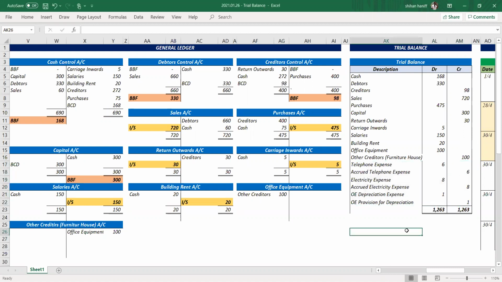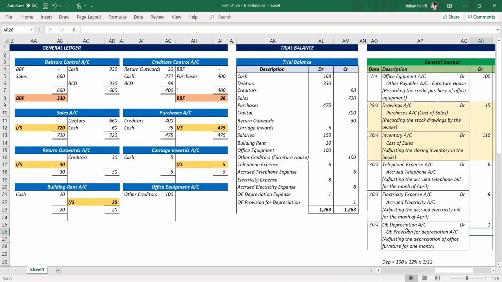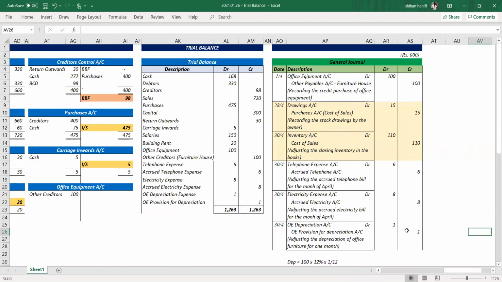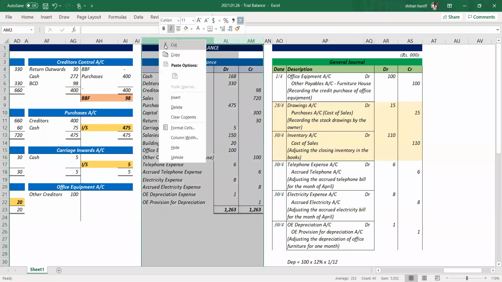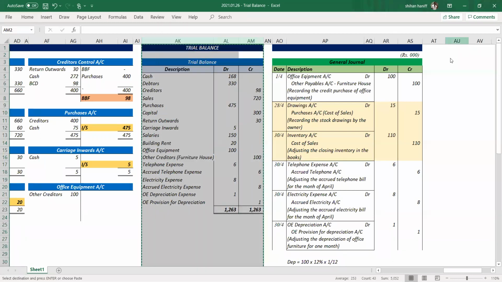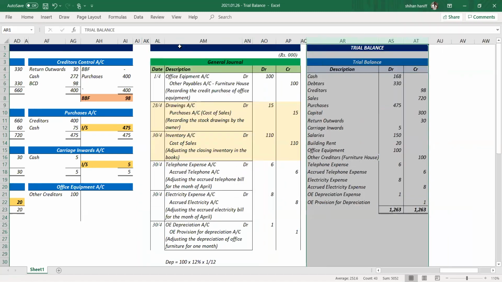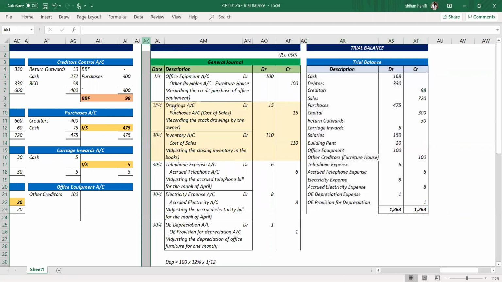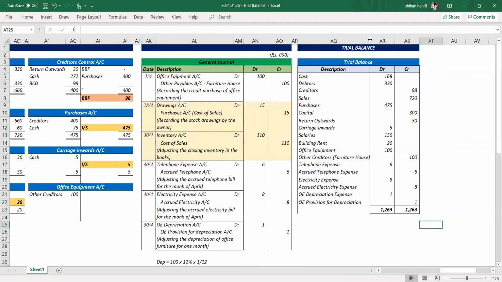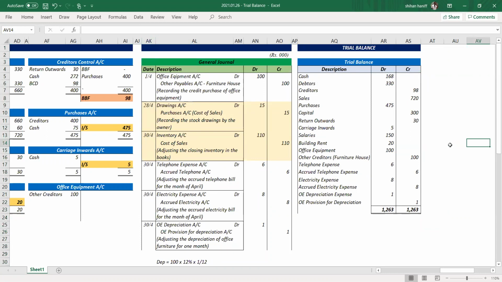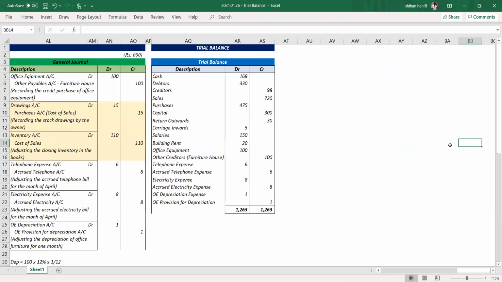Right. Now let's prepare the income statement and statement of financial position. We have these balances from the trial balance.